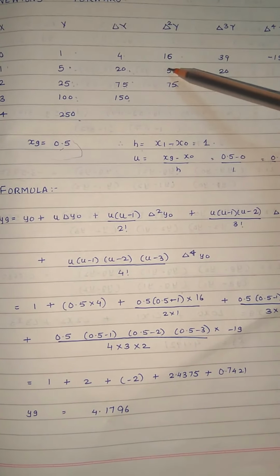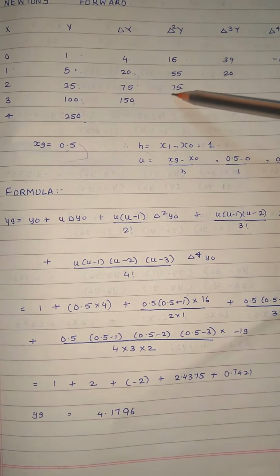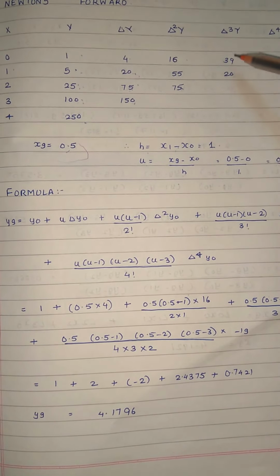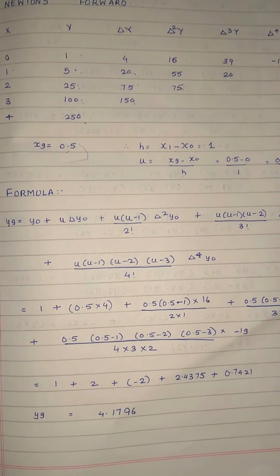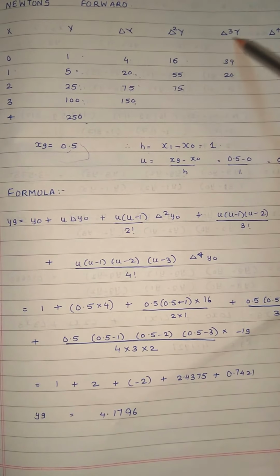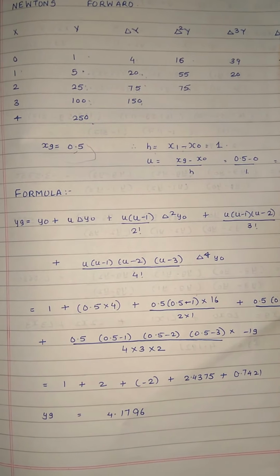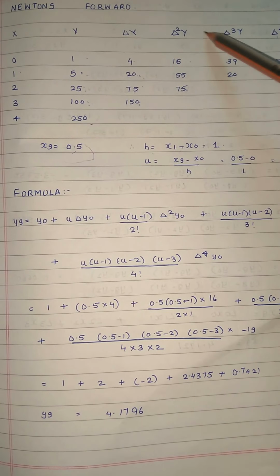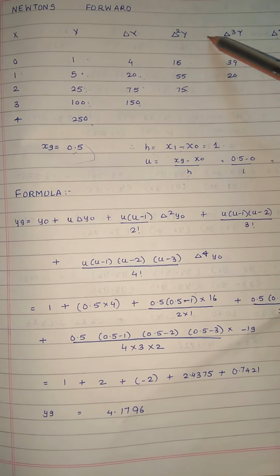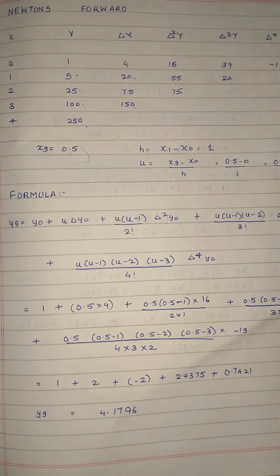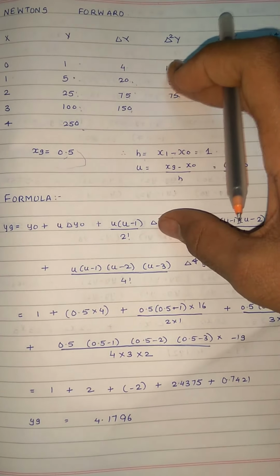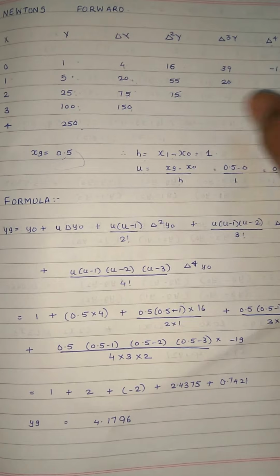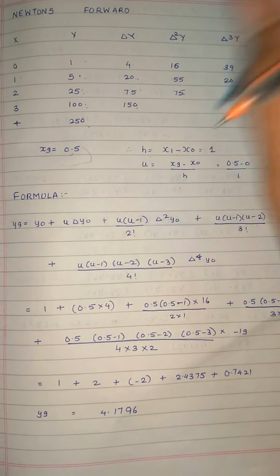Similarly, subtracting 55 minus 16, 39, 75 minus 55, 20, and subtracting it for the last time, we get minus 19. These are not the powers, these are just for numerical representation of the table. You can use any letter you want, you can use x, y, z, but as y is already used, you can use a, b, c for the remaining tables. Do not square them or cube them or raise to 4. It is just for numerical representation.